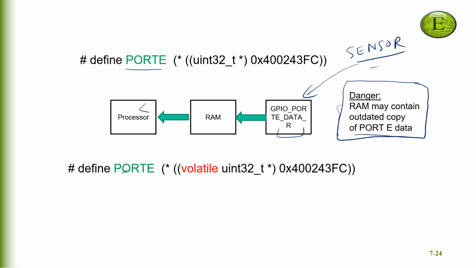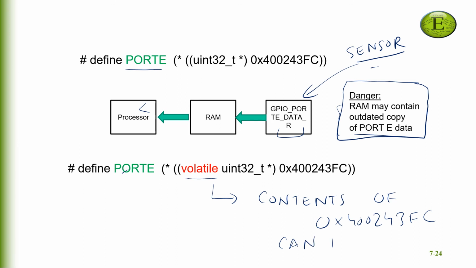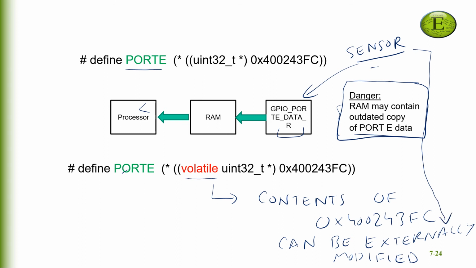So this volatile means that contents of the address, what is the address? Hex 4002434C, can be externally modified, and not just by the program. And what are the means of external modification? The sensor. In our case, these are the traffic sensors.